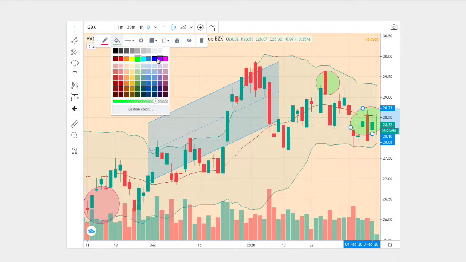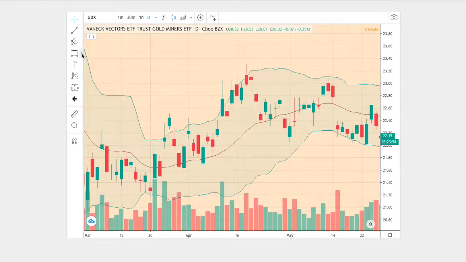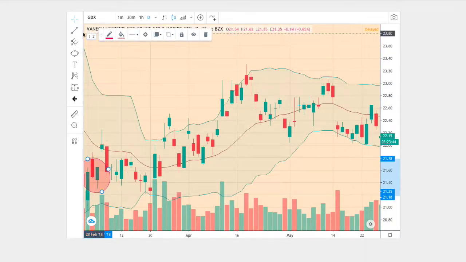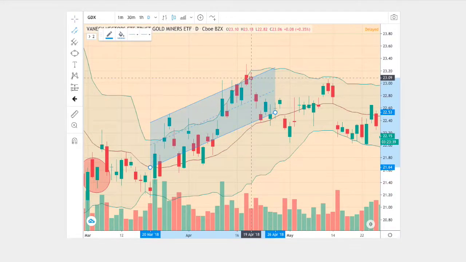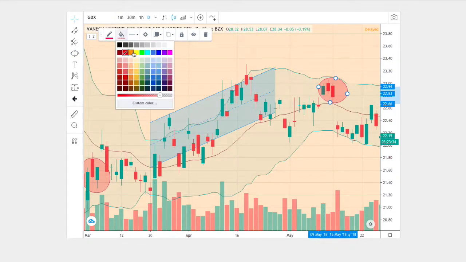In the trend in question, we start to see a similar pattern as well. First, we start off below the middle Bollinger Band, so let's just mark that as red. Next, we see it average above the middle Bollinger Band for several weeks. Next, we see it touch or near the upper Bollinger Band.